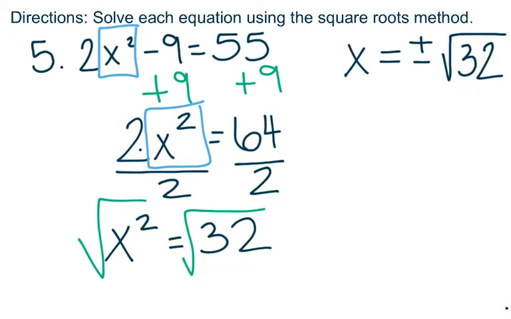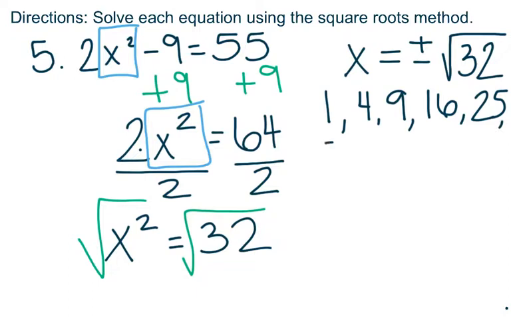So if you'll remember, perfect squares are like 1 times 1 is 1, so 1's a perfect square. 2 times 2 is 4, so 4 is a perfect square. 3 times 3 is 9. 9 is a perfect square. 4 times 4 is 16. 5 times 5 is 25. Sorry, I hit the wrong button. 6 times 6 is 36.